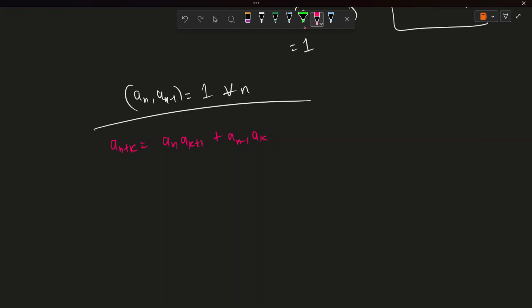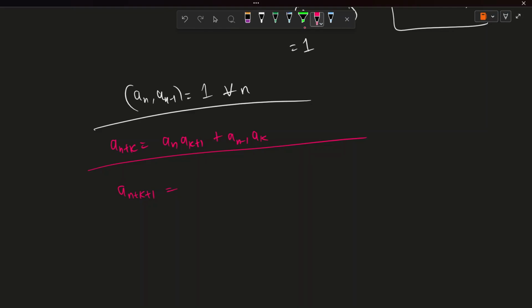For the induction step, suppose this is true; we will prove that a_{n+k+1} is equal to the same expression with k replaced by k plus 1, adding 1 to k on both sides.